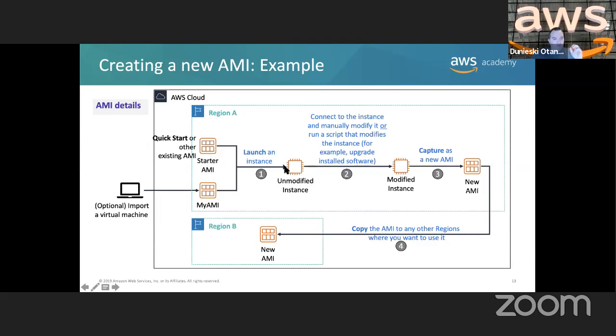You launch an instance, then you modify the instance when you connect to it and manually modify it or run a script that modifies the instance. Remember, guys, when I install an Apache server and I put code in the user data, so I modify the instance when I put that. Then I can capture it as a new AMI.